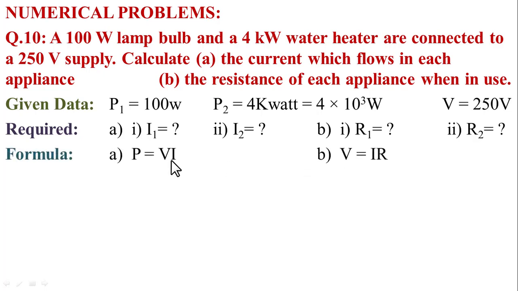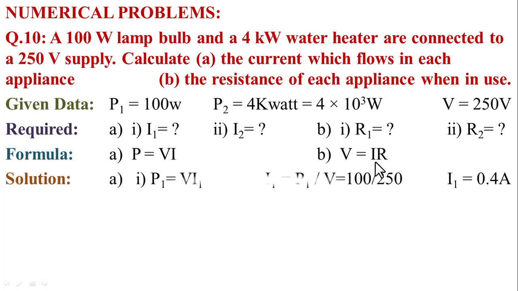Now we can find the formula. Power P is equal to IV, and according to Ohm's law V is equal to IR. So first of all we can find the electric current. P1 is equal to V I1, so I1 is equal to P1 upon V, that is equal to 100 divided by 250.